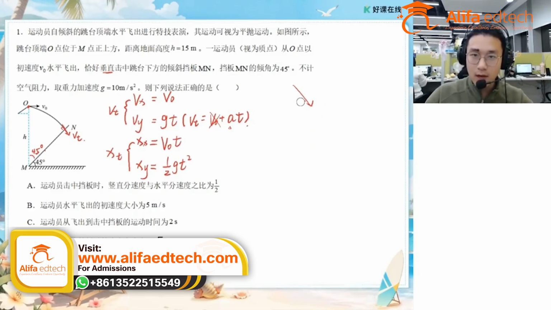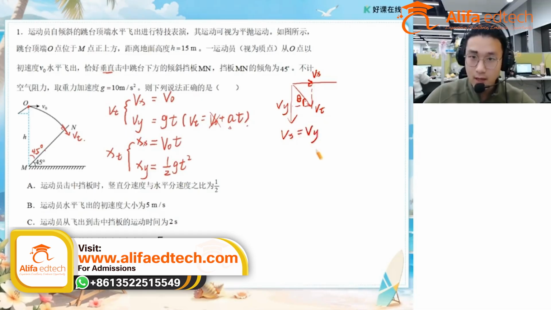Decomposing VT onto our x-axis and y-axis, this is Vx here, and this side is Vy. We also know the angle with the horizontal theta is 45 degrees, and this is perpendicular, so it's an isosceles right triangle, and Vx equals Vy. So how could the ratio of vertical to horizontal velocity be 1/2? It should be 1:1. Option A is wrong.